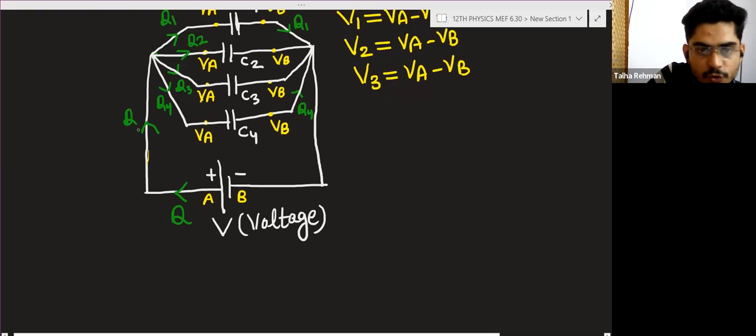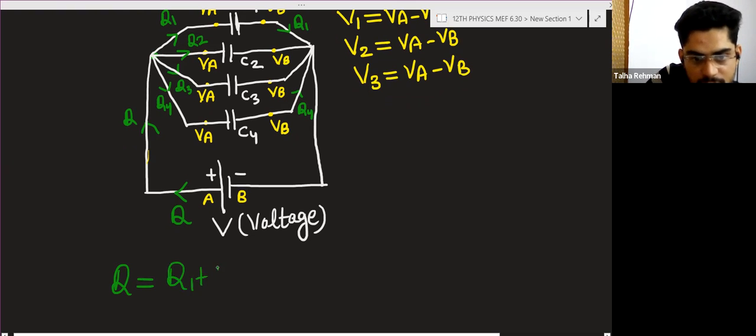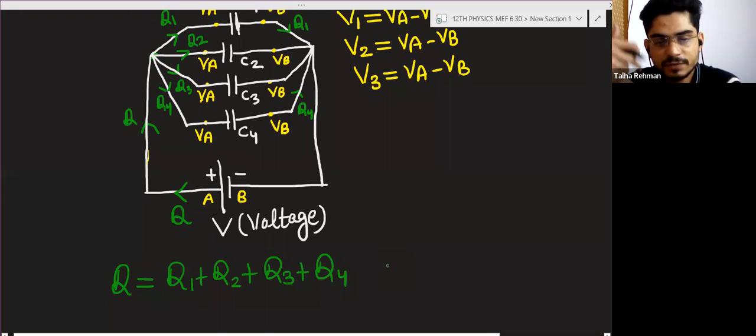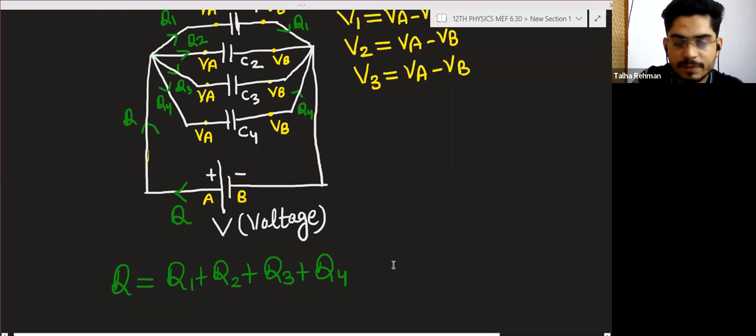So I can write Q is equal to Q1 plus Q2 plus Q3 plus Q4, and you can write it for n number of capacitors. I am just writing for 4 capacitors.